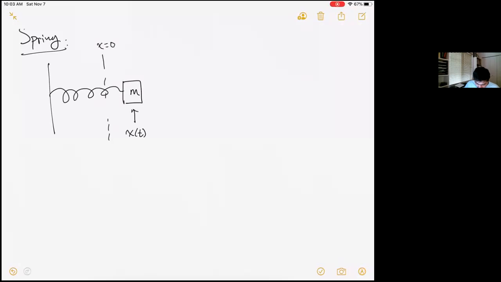Then we say that the spring has this as its relaxed length. Then the force on this mass is negative kx. So if this is the positive direction, then the force is pointing opposite to the extension, and the magnitude is proportional to x, which is right here.